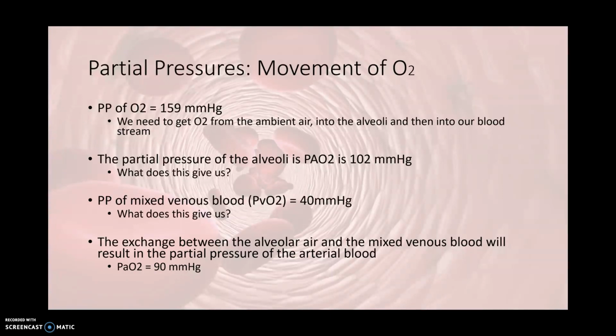The combination of transferring oxygen from the alveoli to the mixed venous blood results in our arterial blood's partial pressure of oxygen, which is going to be 90 millimeters of mercury. Now remember, on this slide we're only talking about oxygen. We're not talking about any nitrogen or carbon dioxide here. We're just talking about oxygen. So then we have our arterial pressure, PaO2, of 90 millimeters of mercury.